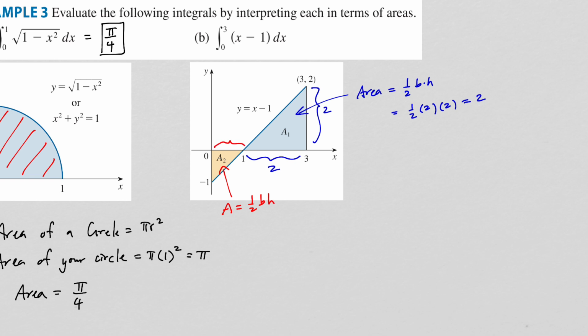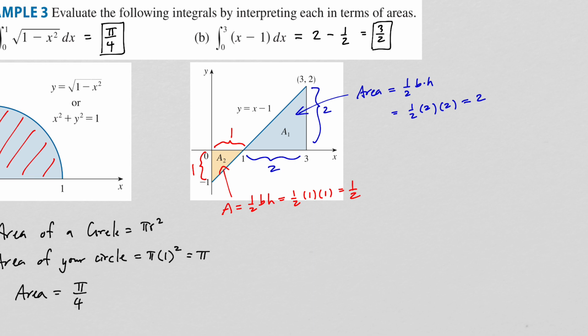The base of this triangle is 1, and the height is 1. So it's 1/2 times 1 times 1, which is 1/2. But this area here is negative because it's below the x-axis, and this area here is positive. So the value of this integral is going to be the positive area, which is 2, minus the area below the x-axis, which is 1/2. And 2 take away 1/2 is 3/2.